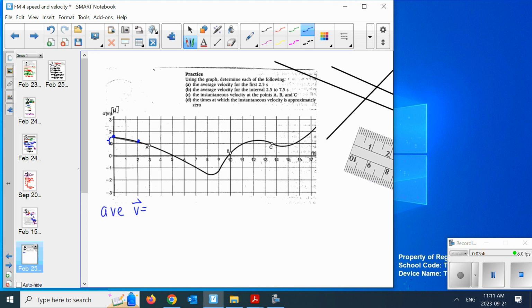Negative 0.5. Okay, let's go with negative 0.5. That's actually what I had estimated too. It's an estimation though, because there's no extra tick. So we're going to go negative 0.5 meters. Essentially, this is the negative rise over a run, which you can read precisely: 2.5 seconds minus 0 seconds. So 2.5.